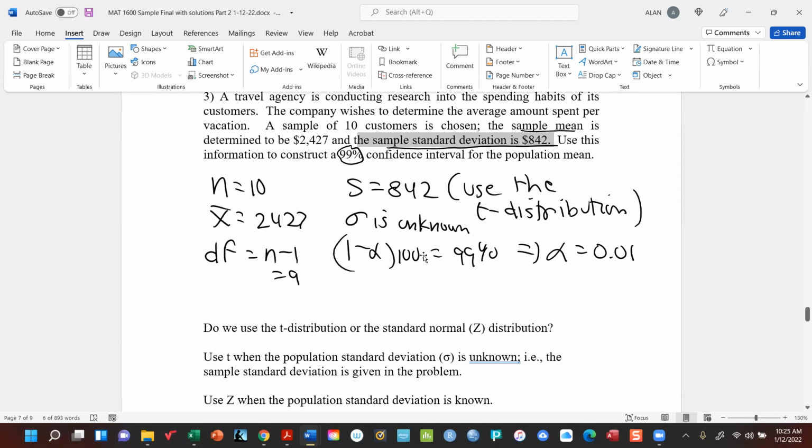All right, so what are we trying to do? Confidence interval for the population mean. By the way, one more important detail: we might be asked to do this for the population proportion. Make sure you know which one it is.